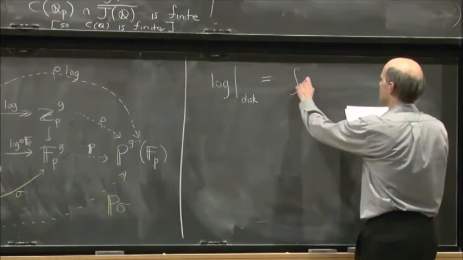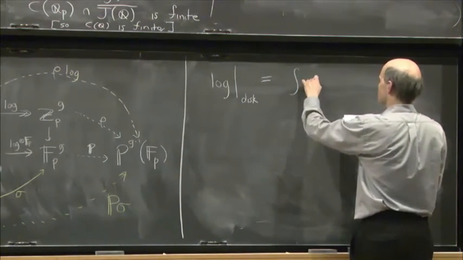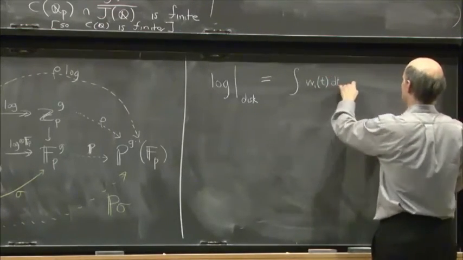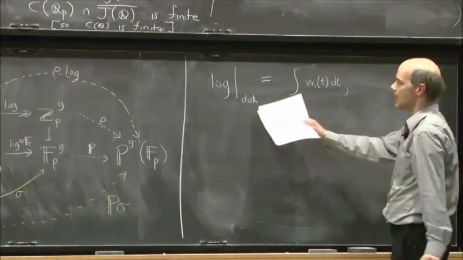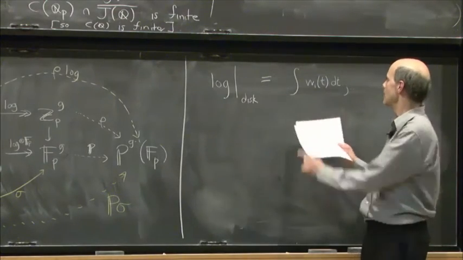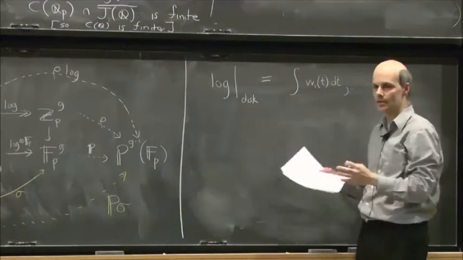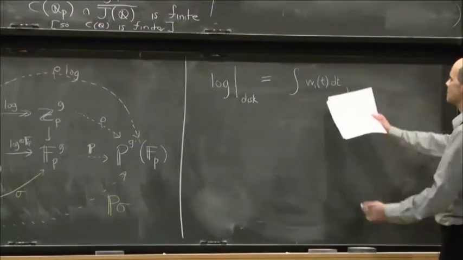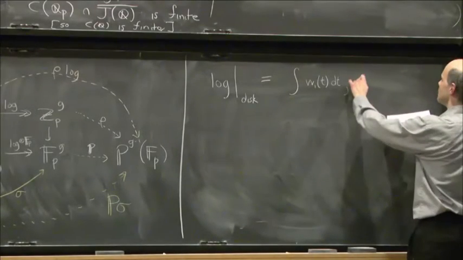So this is the same as integrating certain power series. Because we're doing it inside one disk, you can do these p-adic integrals formally in that disk, just by integrating power series.